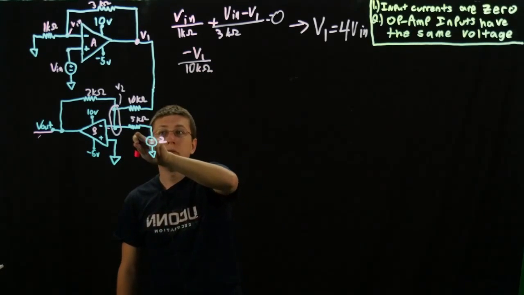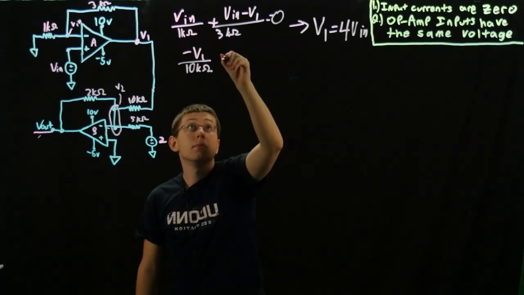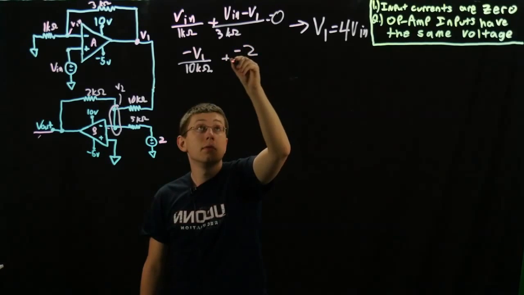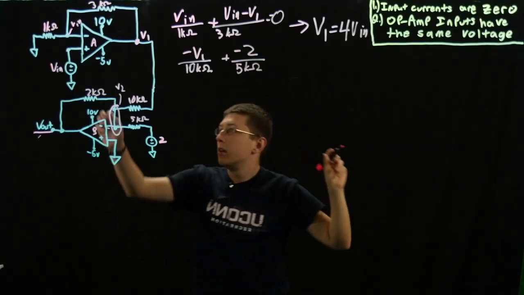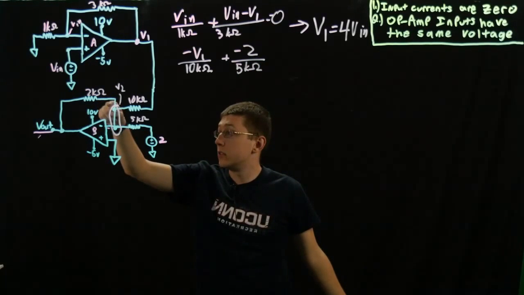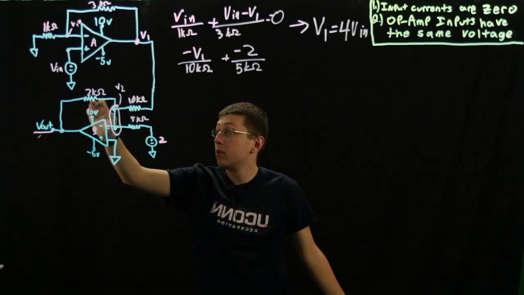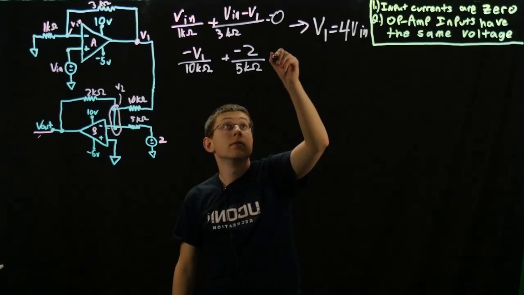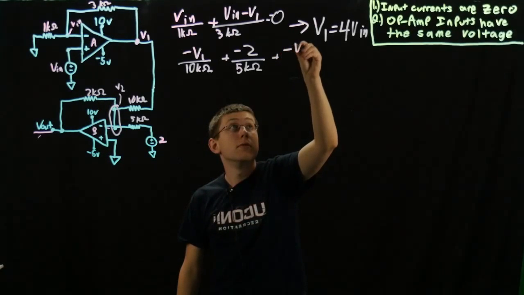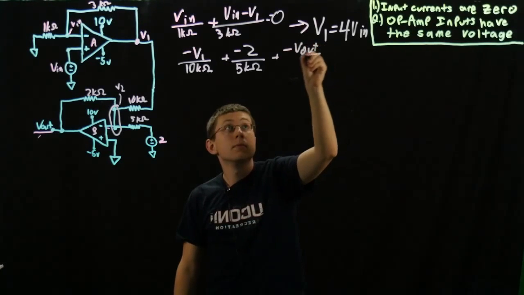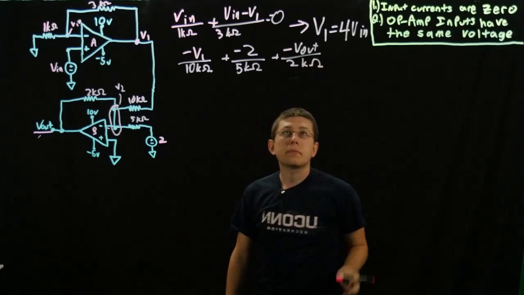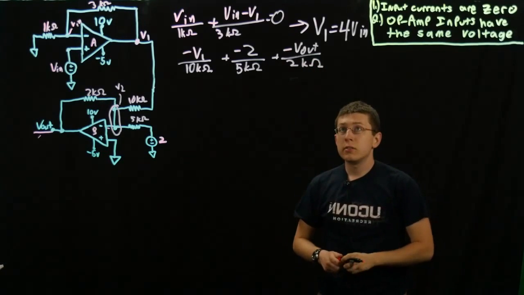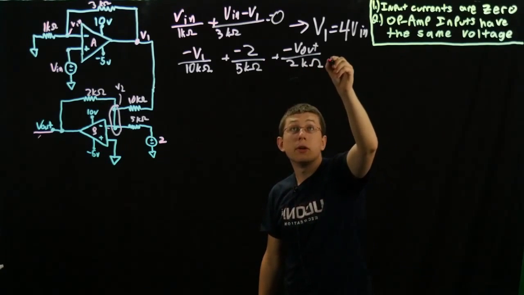Then 0 minus V2 over 5k, so plus negative V2 over 5k ohms. And here, it'll be 0 minus Vout over 2k, so plus negative Vout over 2k ohms. And so here, we're going to do some more algebra.